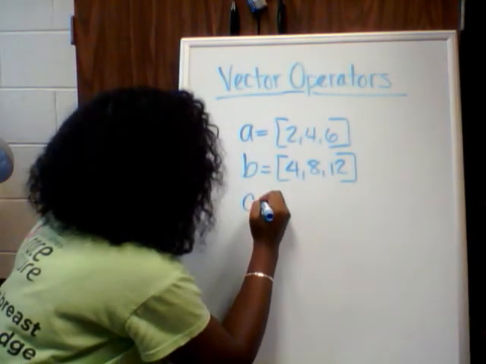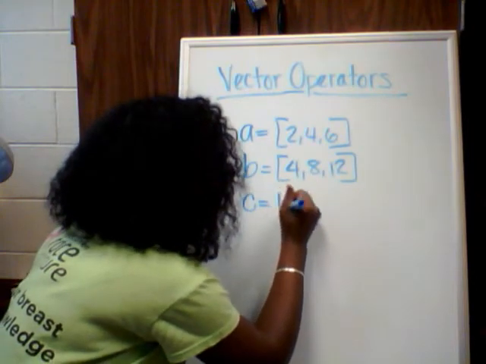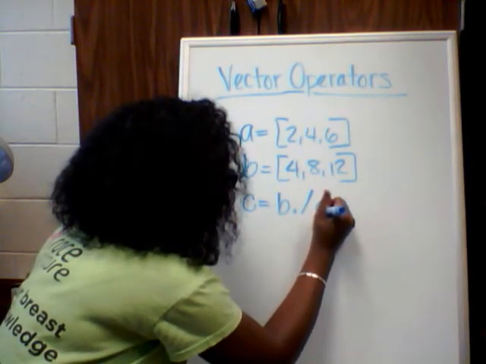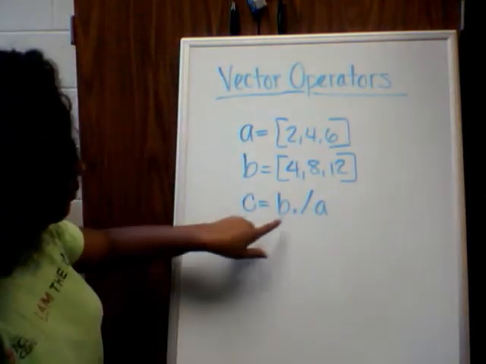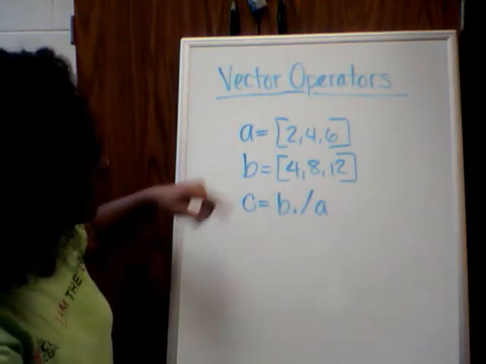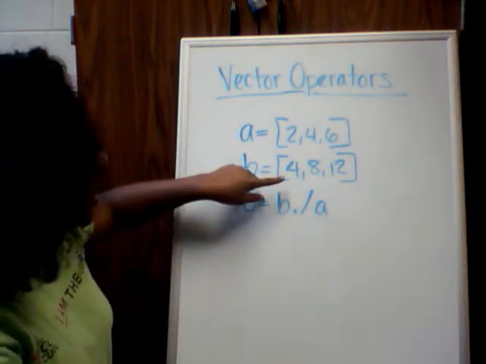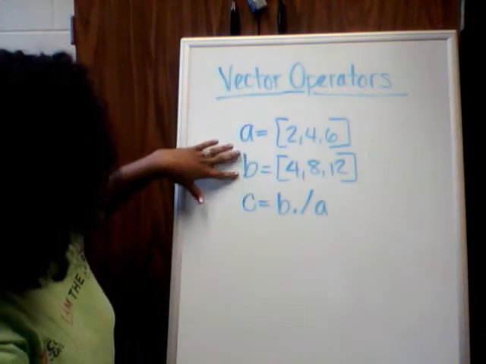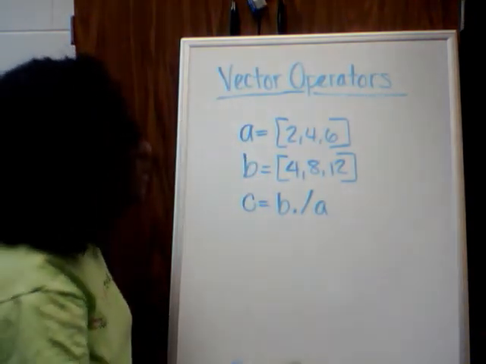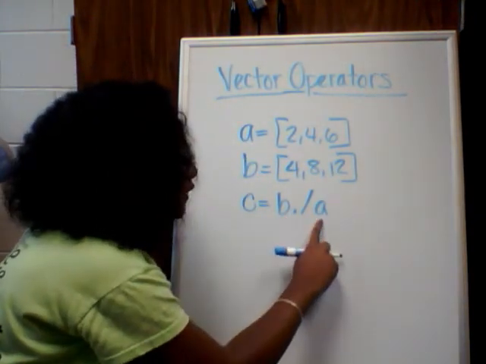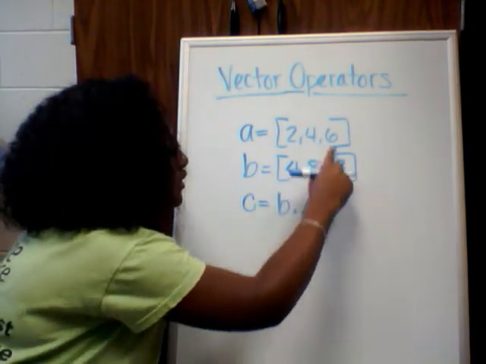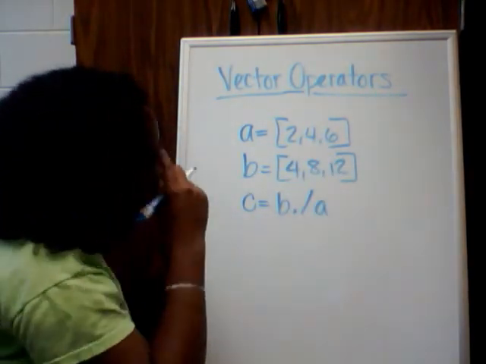If I wanted C to equal B divided by A, notice I put B first because I didn't want fractions. It would follow element by element, just like in any other operation.